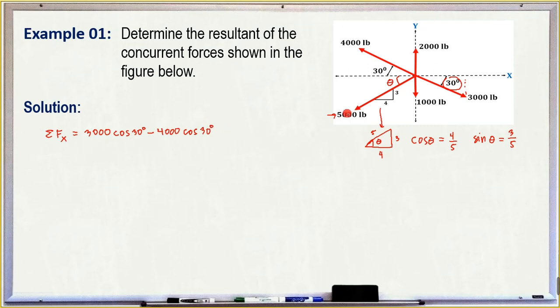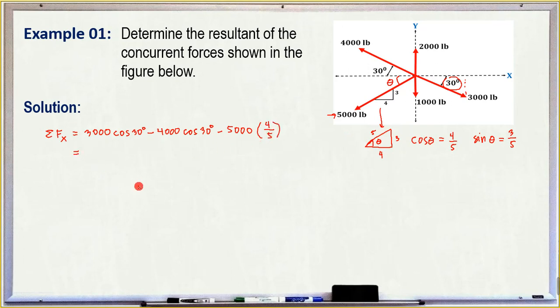Now the 500 pounds is also pointing to the left, so it is also negative: negative 500, with cosine of theta. Since earlier we derived the values for cosine of theta using this triangle representation, cosine of theta equals 4/5.